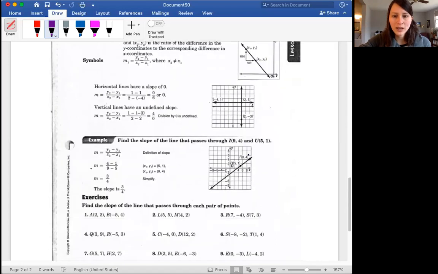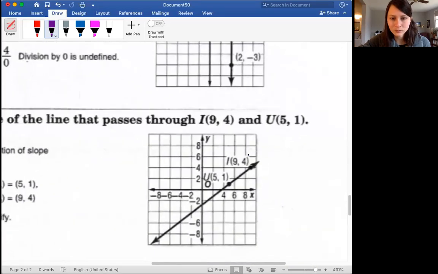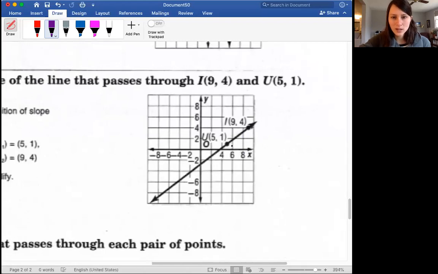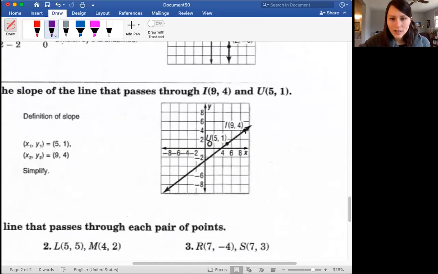So we're gonna look at this example here. I can literally use any points that I want. I know it's kind of blurry, but the study guide picked these 2 points for us. So the points I have are (5, 1) and (9, 4). I would suggest maybe writing out the points on the side. And then what I would do is label these points, point 1 and point 2.